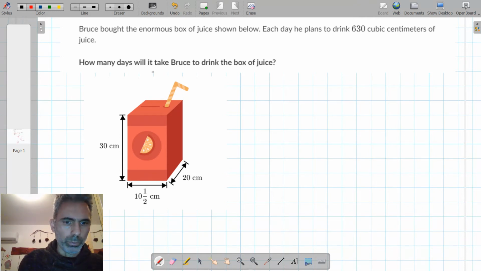Okay, so the volume of the box is the base, which is 10.5 centimeters by 20, times the height, which is 30 centimeters.